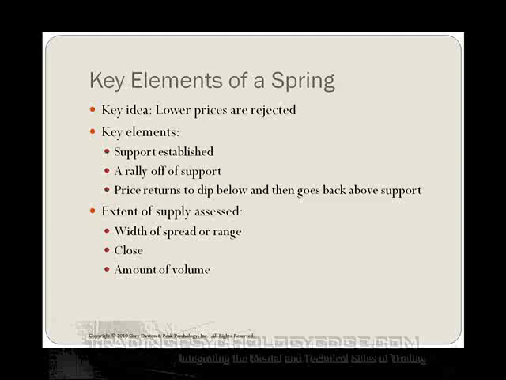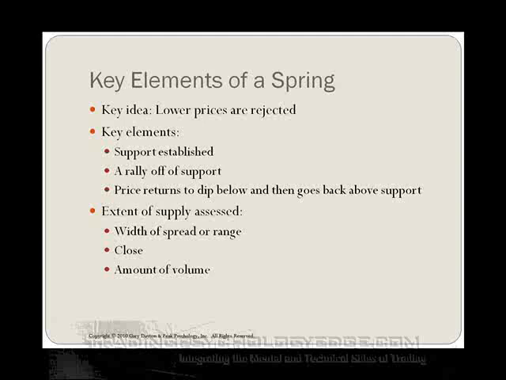He looked at it in terms of the spread or the range of the bar as it dipped underneath. And the range, of course, is nothing more than just the difference between the high and the low of the price bar. And the smaller the range, or the smaller the spread, and range and spread are synonymous, the less supply, the less activity was occurring down below that level of support.